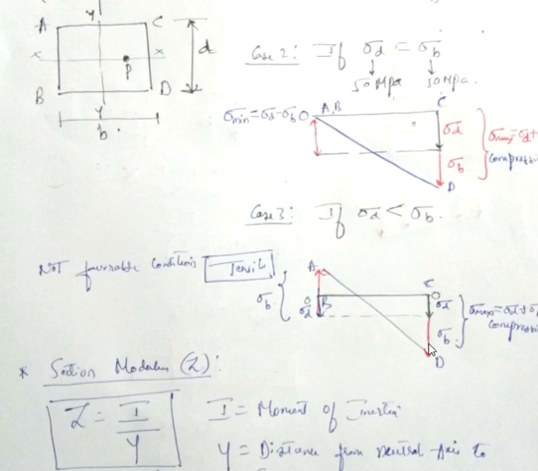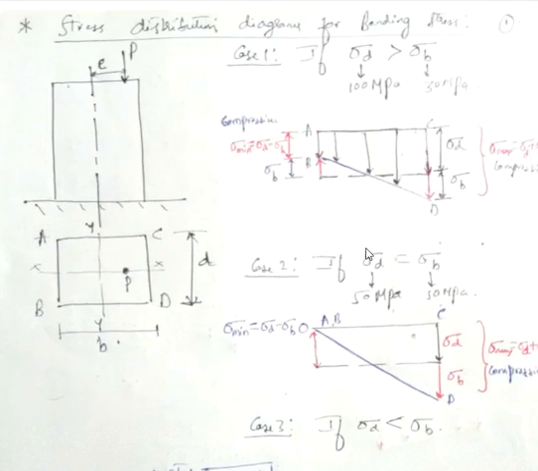This is not a required condition because there should not be any tensile stress induced in the column. But when direct stress is less than bending stress, there will be tensile stress induced in the column. So required condition for us is direct stress should be greater or equal to bending stress.